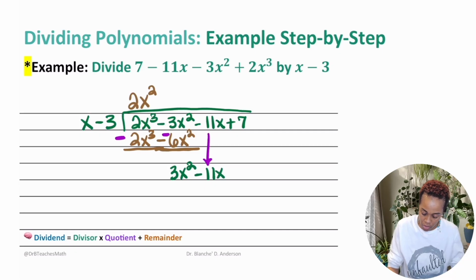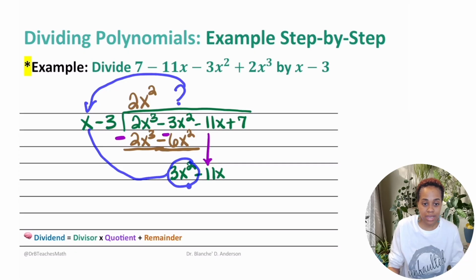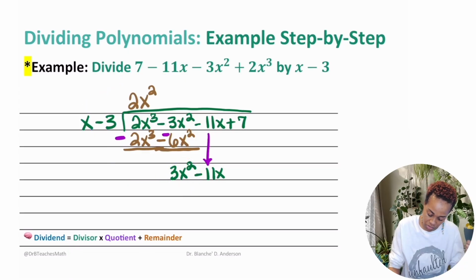Now, what times x will give me 3x squared? Well, I'm going to need a 3 and another x, because 3x times x will give me 3x squared, right? Okay, cool beans. So that's going to be a plus 3x squared. And you're like, Dr. B, how do you know that's a plus 3x squared?